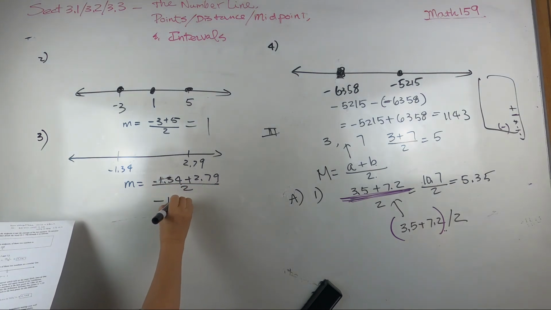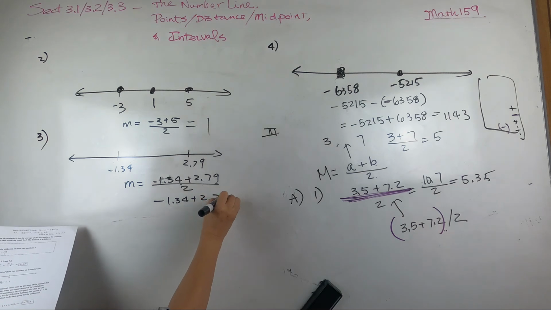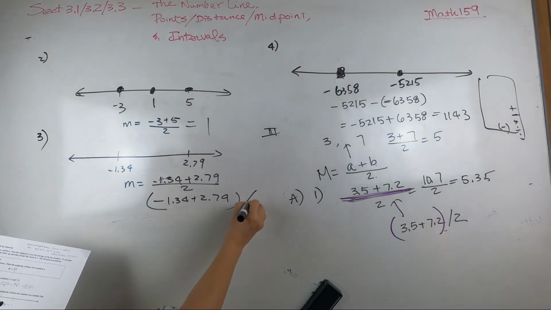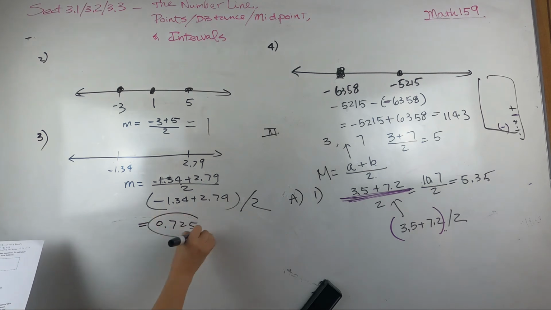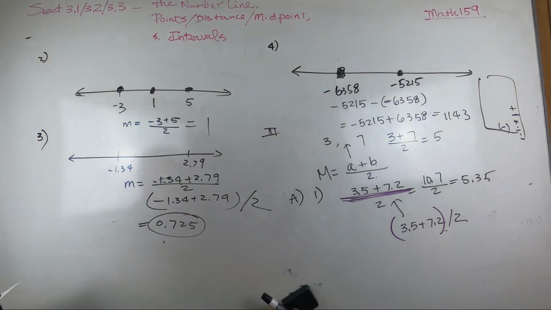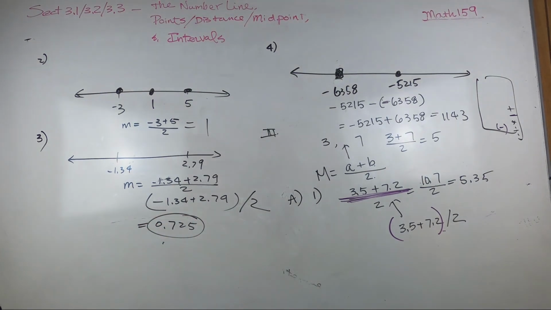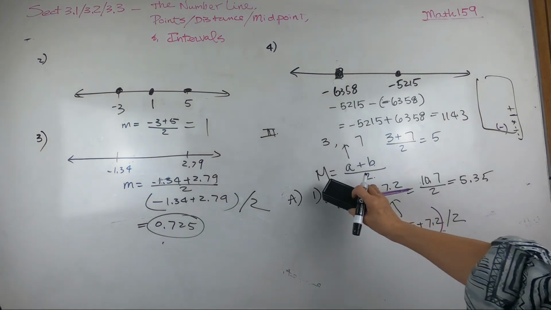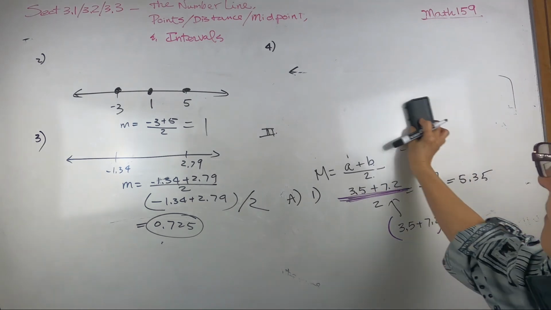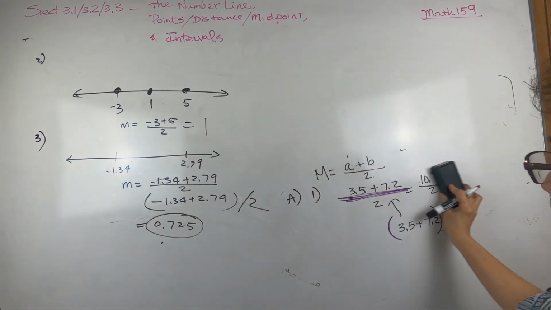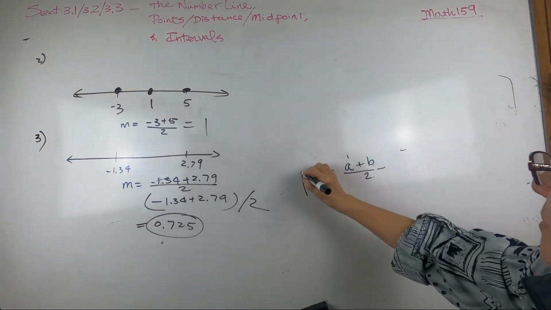So we should have -1.34 plus 2.74, put a parenthesis, divided by 2. So your answer should be, if you use the calculator, you should get this answer, right? For the midpoint, you just follow the formula, a plus b divided by 2, right? So that's your formula.